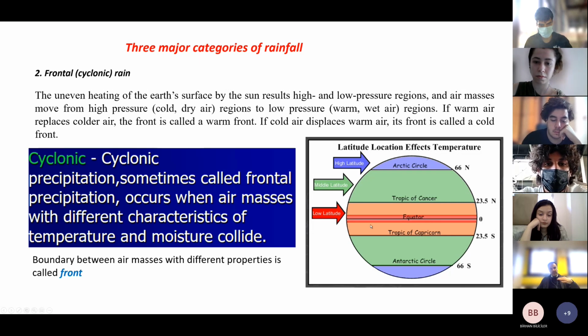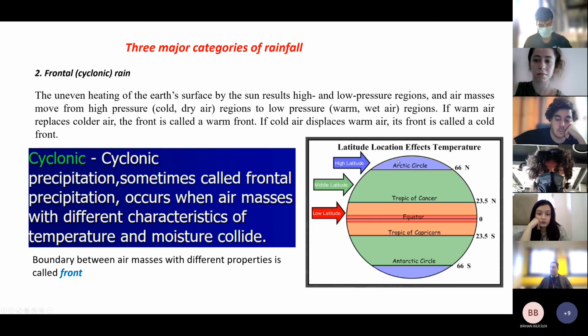The latitudes close to the equator are close to the sun, so they are generally warm areas, yeah? Therefore, a massive amount of warm air will form here. However, at the Arctic, for example, or high latitudes, we have cold air.